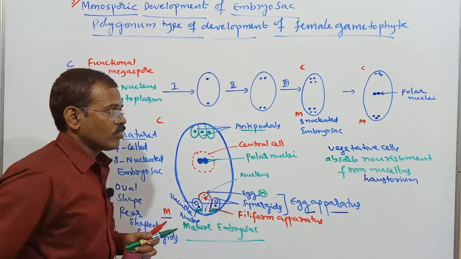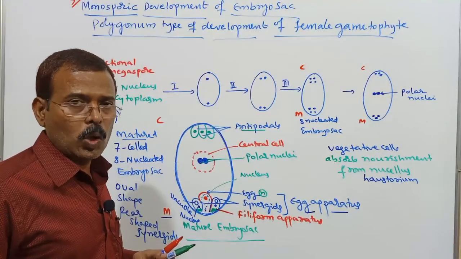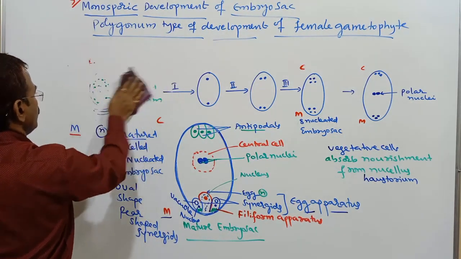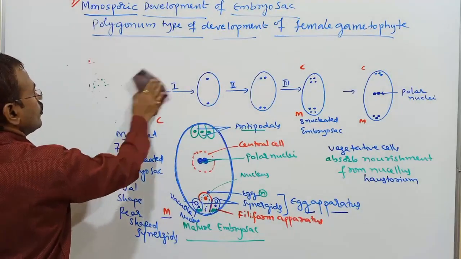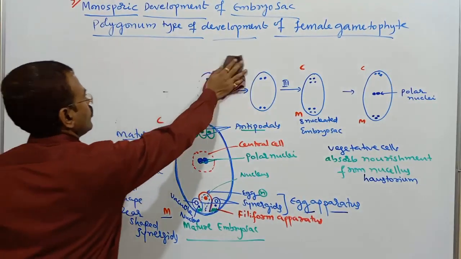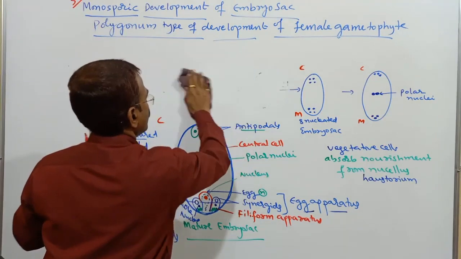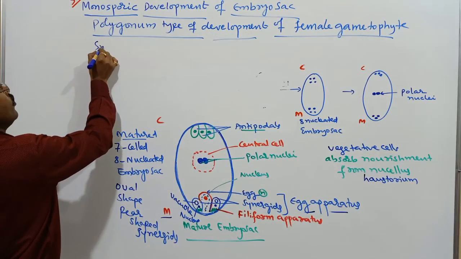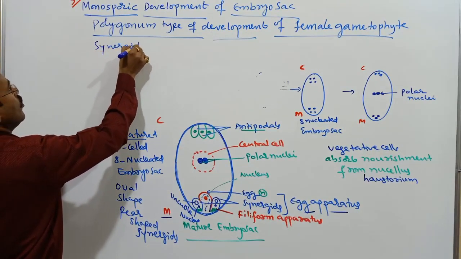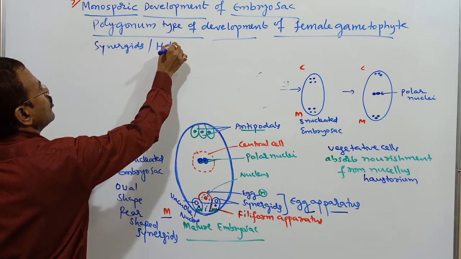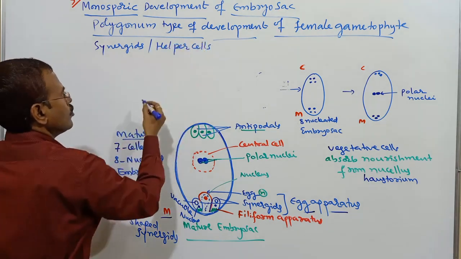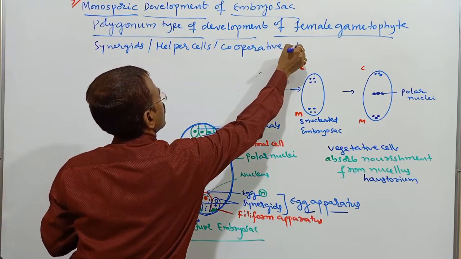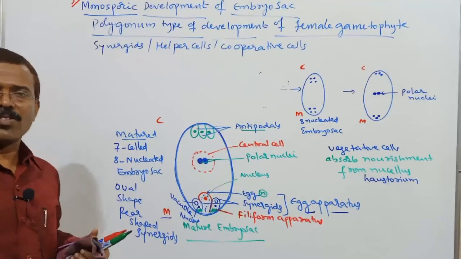These synergids are also called helper cells or cooperative cells.